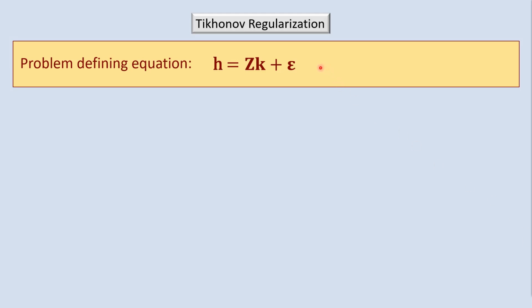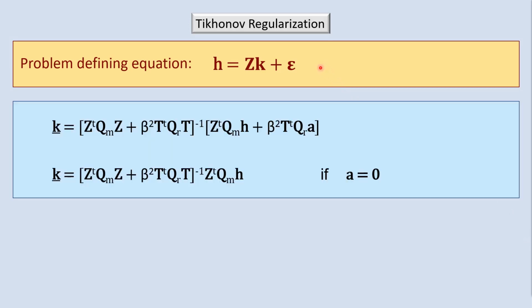So here's the equation which describes our linearized version of reality. And here are the solutions we obtained for our estimated parameter field, K underscore, when we estimated that parameter field using Tikhonov regularization.